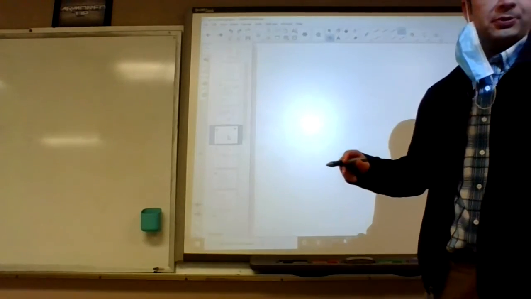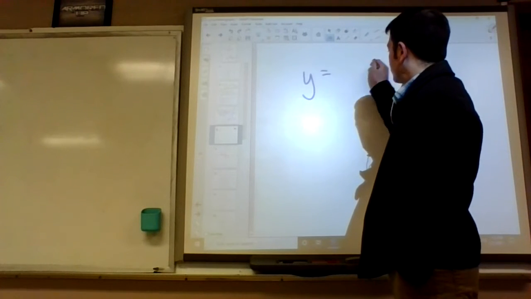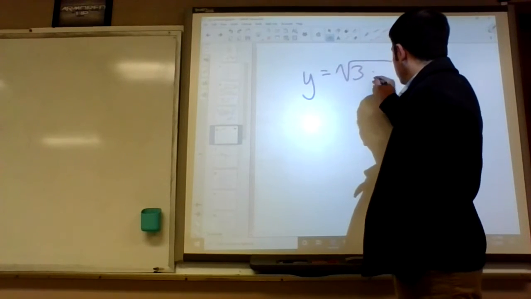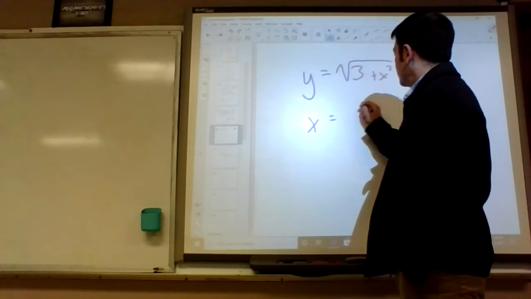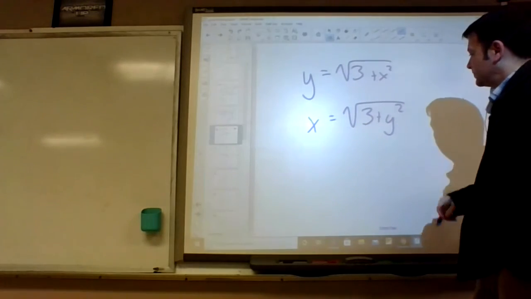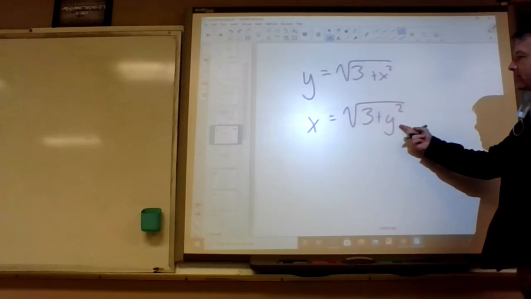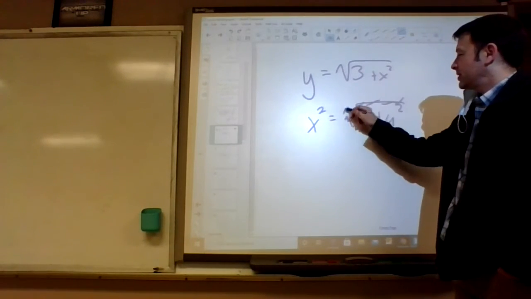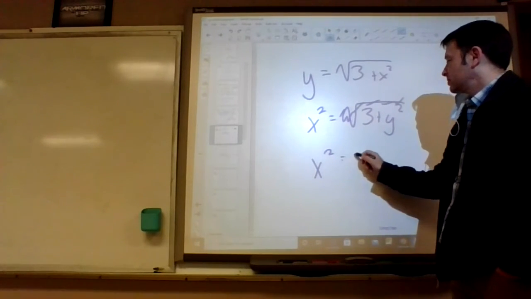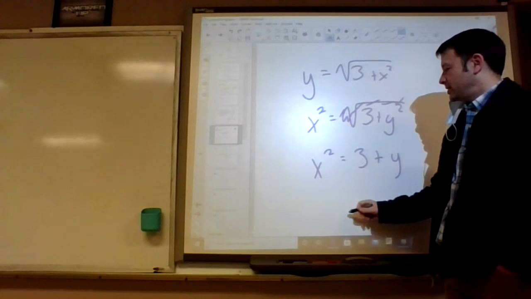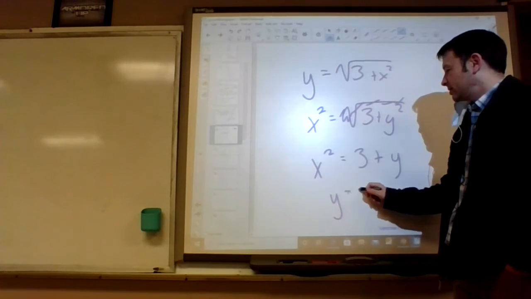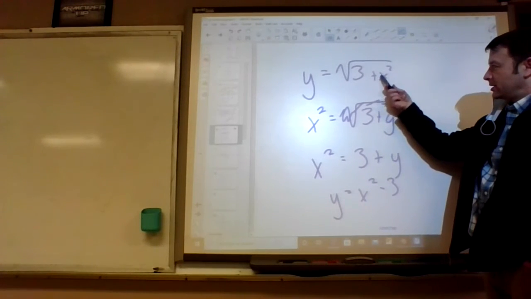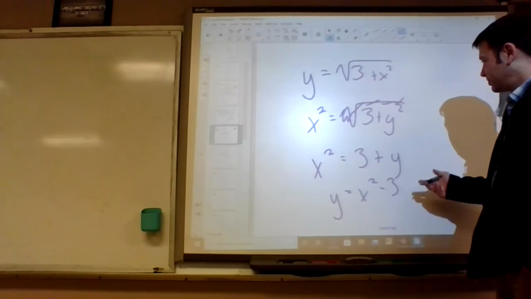So right now it's y equals 3 plus x squared. Square root of that. If we switch y to the x, is that the same function? Well, how do I solve this for y? You're going to have to square it, get rid of that. Then I subtract 3, right? Is it the same? Not quite. It's y equals x squared minus 3. And this one's under a square root also, so not even close really.